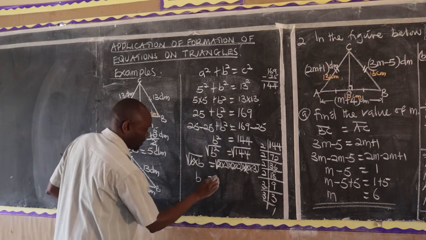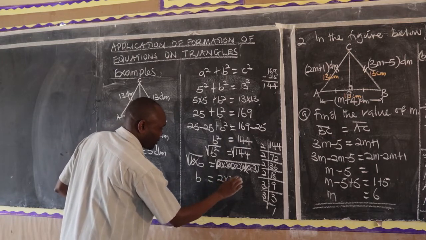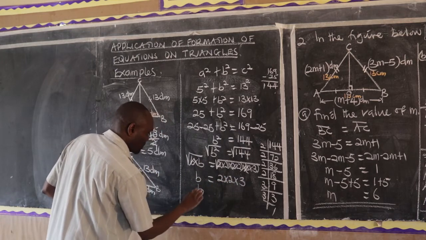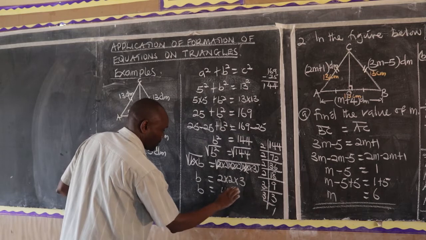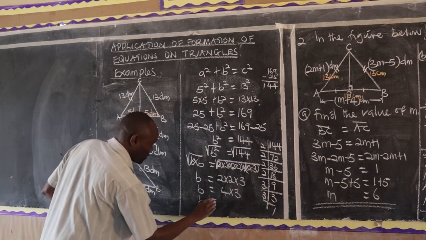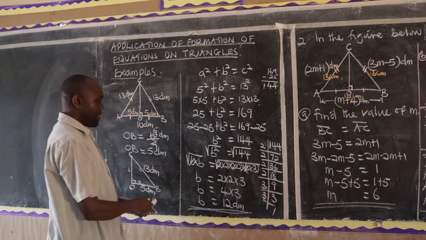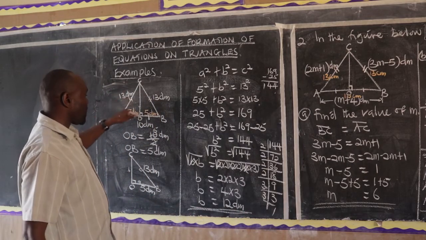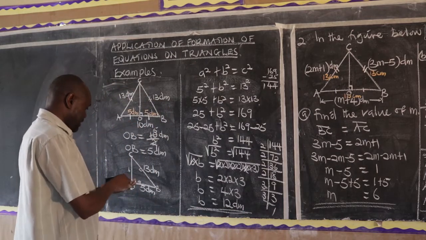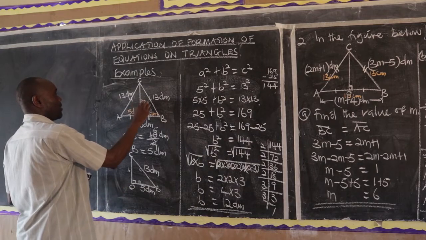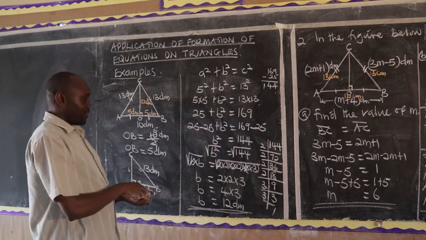So B will remain with 2 by 2 by 3. So B gives us 4 multiplied by 3. So B will give us 12 decimeters. That is the height now. We have known the height. The height now is 12 decimeters.